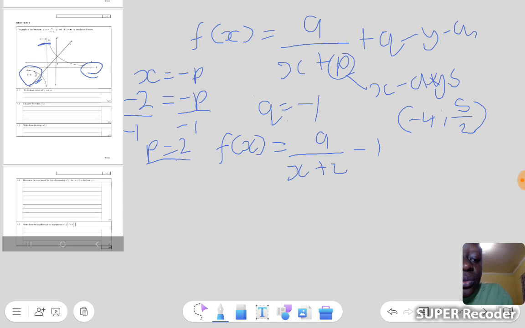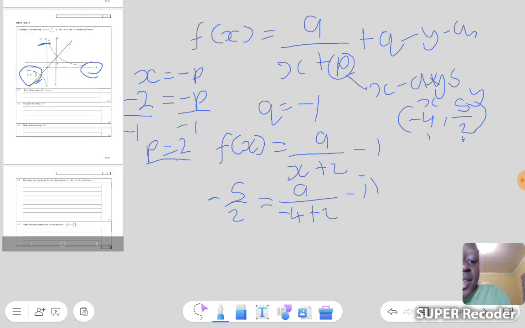Let's substitute our x and y. This is our y, this is our x. Here we have 5 over 2, which is equal to a over, for x it's negative 4. Here it's negative, by the way. Then plus 2 minus 1.